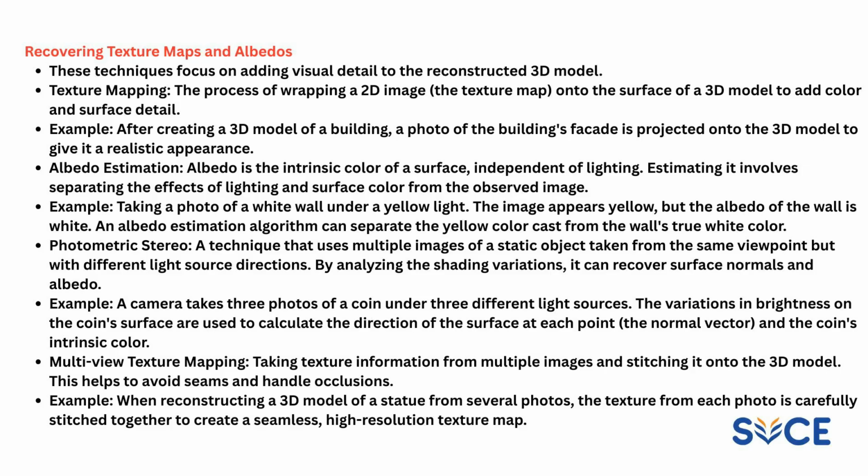To make it realistic, we project the actual photos of the building's windows, bricks, and even doors onto the 3D geometry. Now, instead of a lifeless model, we have something that looks alive and realistic.